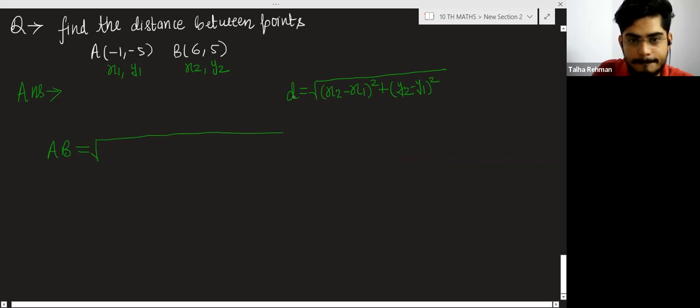We have the formula: x2 minus x1 means 6 minus (-1), whole square, plus y2 minus y1, 5 minus (-5) square.